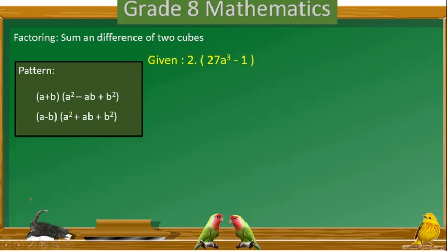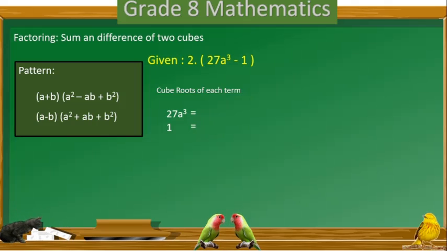Okay. Next, the same, find the cube root of the given terms. So the terms are 27a cubed and 1. So for 27, our cube root there is 3. For a cubed it is a, for 1 it is 1.